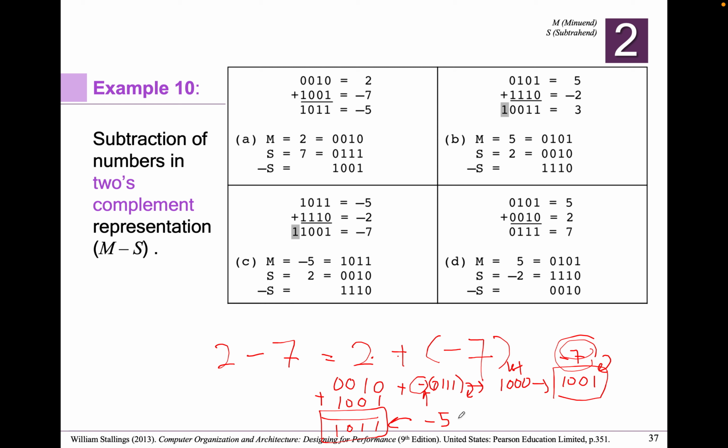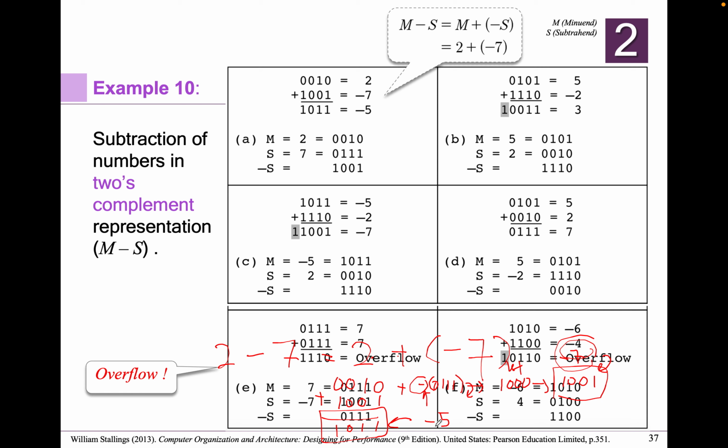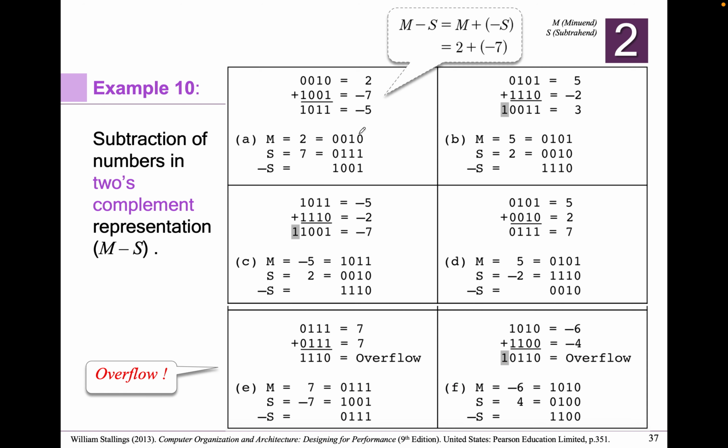Negative 5, how are you going to define it as negative 5? Supposedly you can see over here it is negative, but is it correct or not? You can see you get negative 5.